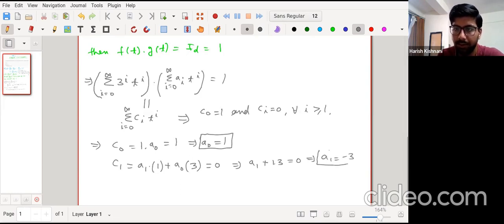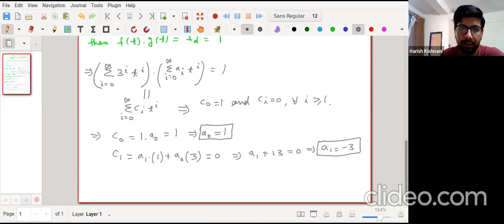What about the rest of the coefficients? Now c2 is a naught times the third coefficient of the above series, that is 3 square, plus a1 b1, that is 3 raised to 1, plus a2 b naught, that is 1, and this is also 0, right? C2 is 0.